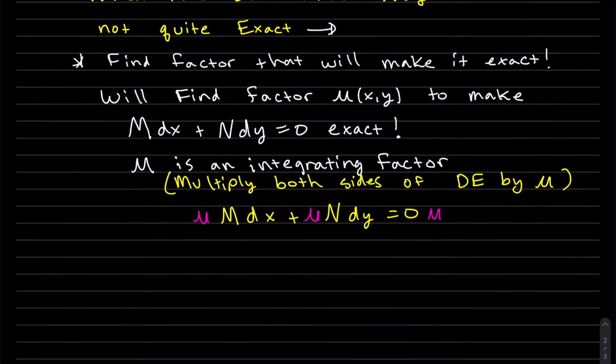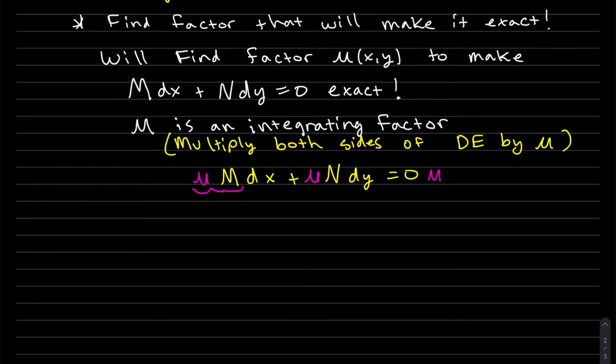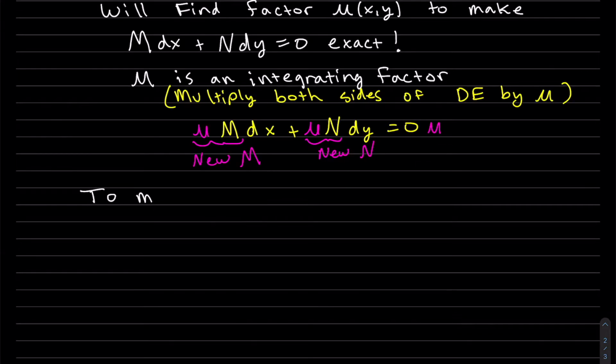Once we've done that, this is my new M. This is my new N. And then you go and check for exact, and then you do the problem identical to the exact problems we did on the other video and in our review. Okay, let's see how we can find this integrating factor.